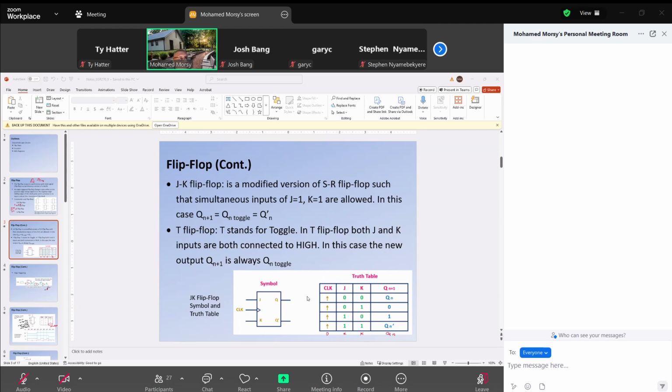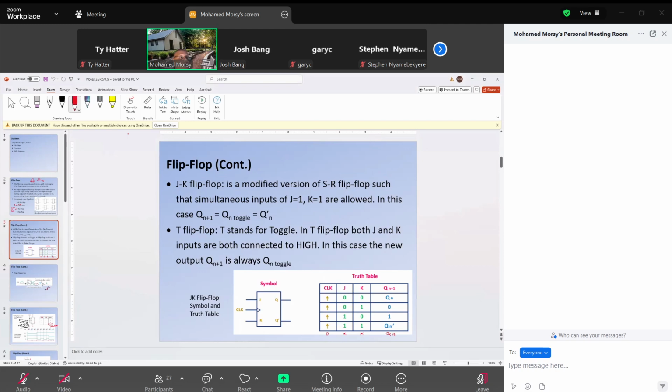J is exactly the same as S. J acts as S. K acts as R. So J works like S and K like R, except for the case of 1, 1.